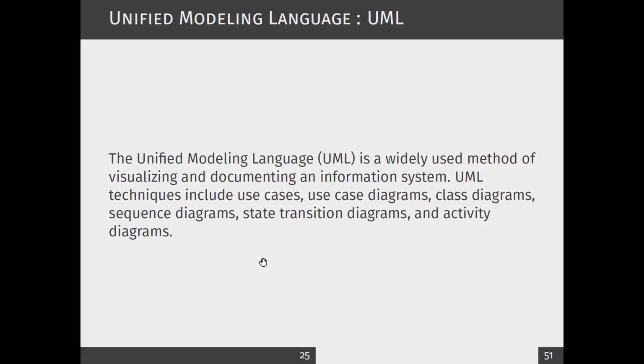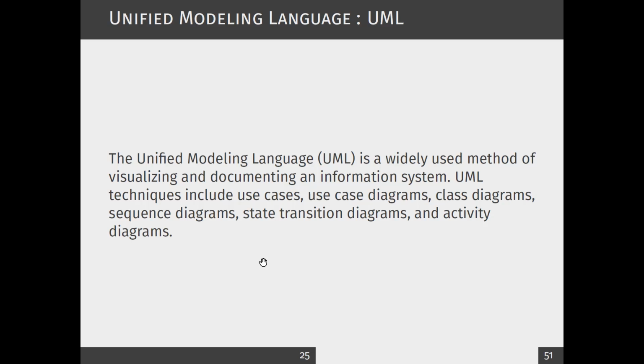And UML is used to visualize, as well as to document, the information system. We can use different UML diagrams. There are many diagrams under this. For example, use case diagrams, class diagrams, sequence diagrams, state transition diagrams, activity diagrams, and so on.